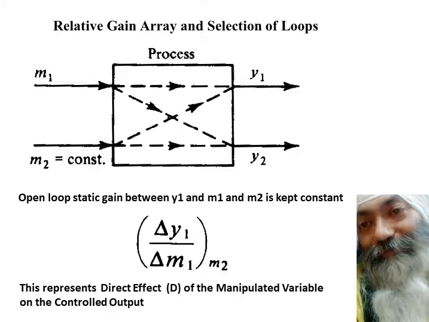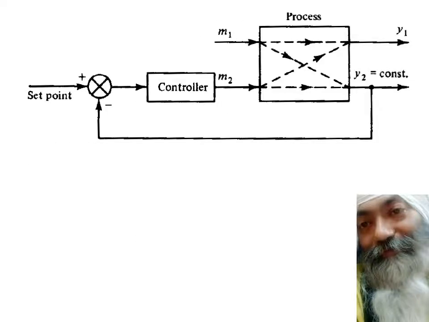So let us see what is the next case. In the next case, as you can see, instead of keeping m2 constant, we have made y2 constant. Any change in m1 is going to have some effect on y1 directly, plus, in addition to that, this m1 is also going to disturb y2. And since this y2 is to be kept constant, let us say this y2 is decreased or increased.